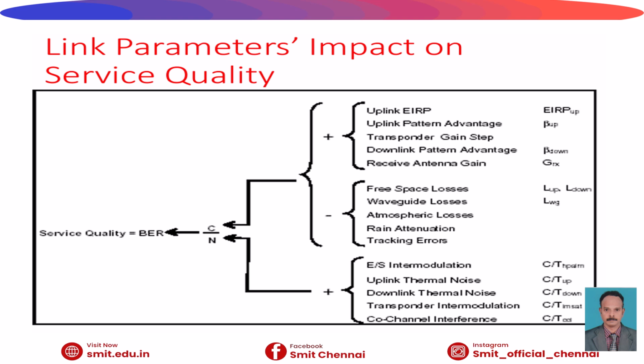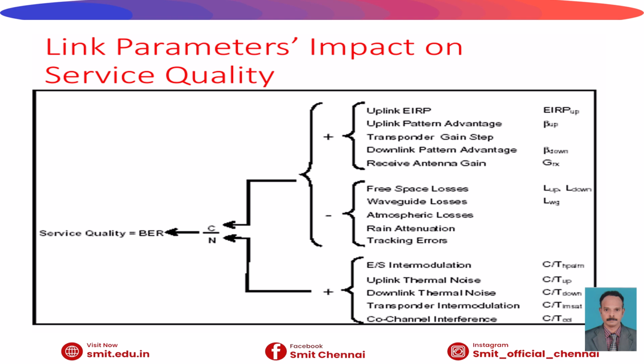So there are factors that affect the satellite system design also. Before that, there are various uplink parameters that we are going to see. For example, in the uplink, we are going to estimate the EIRP, that is equivalent isotropic radiated power, as well as the uplink pattern advantages. Then the transponder gain plays a very important role.